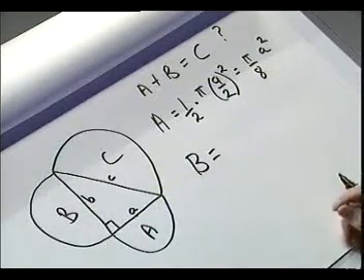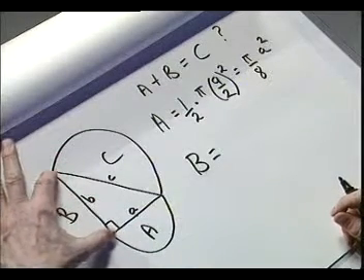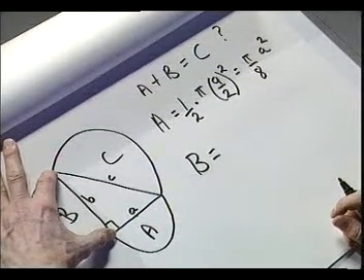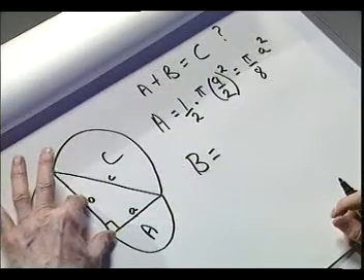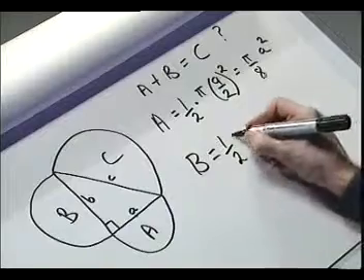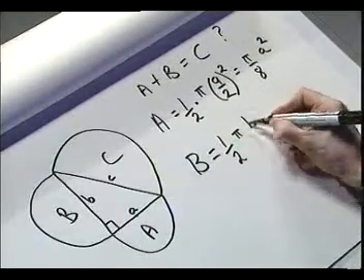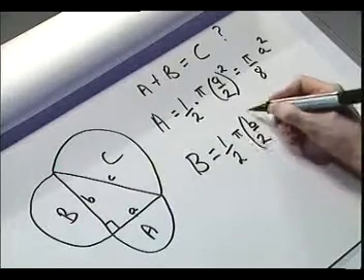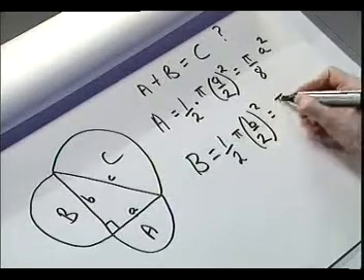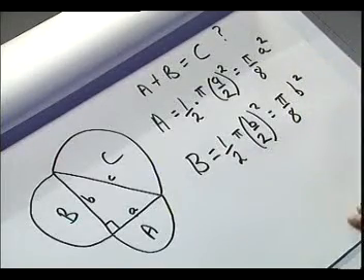B, what's the area of this semicircle here? Well, again, the diameter of this semicircle is b, so the radius is b over 2. So the area is a half pi r squared, and r we just said was b over 2, so we square that, and we have pi over 8 b squared.